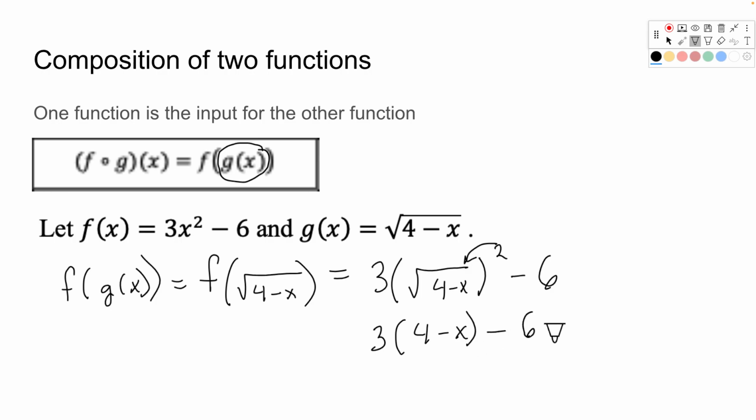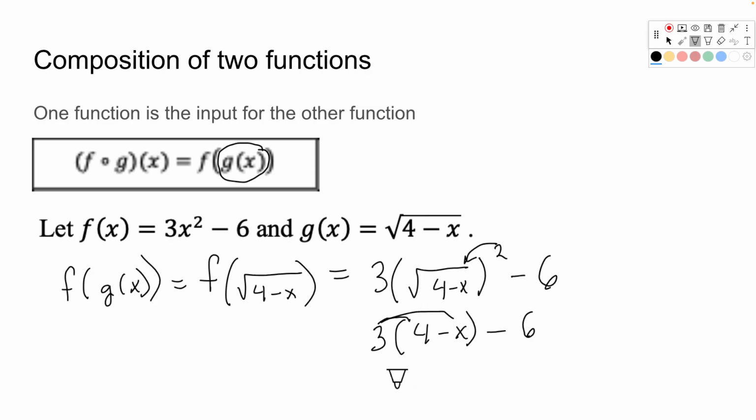And I did that because if I took the parentheses off too early, I might not know, does that 3 also apply to the 4? Or does it just apply to the x? With those parentheses, I see that 3 has to distribute through. So I'm doing order of operations. I did the parentheses, did the exponent part first, got rid of the square, and now I do the multiplication part where I distribute this 3 to both of these terms, right?